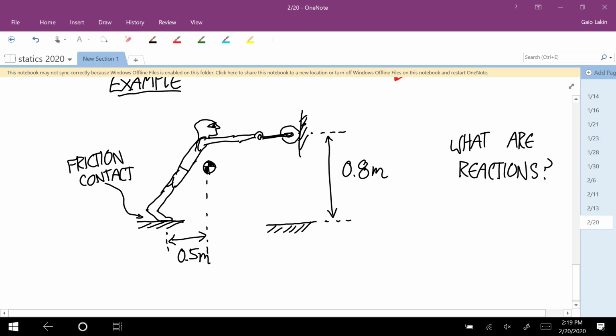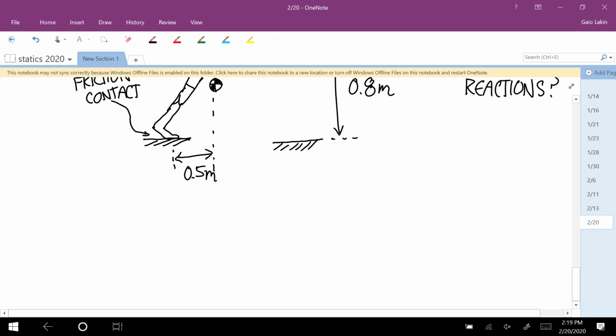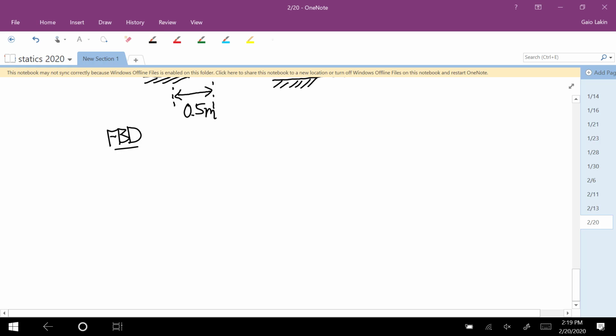Well, if you draw a free body diagram, okay, so there's the outline.